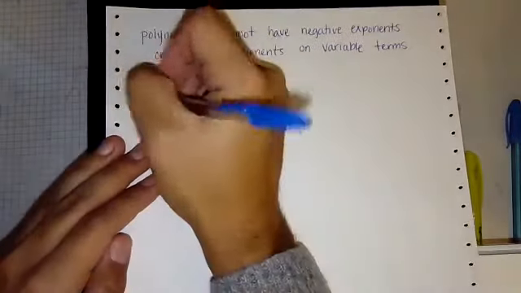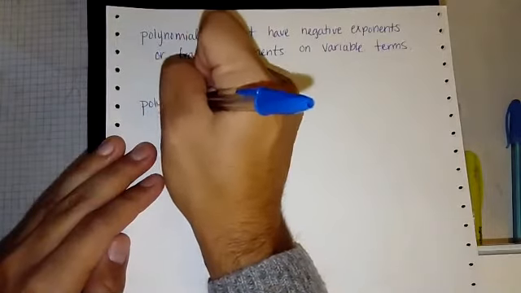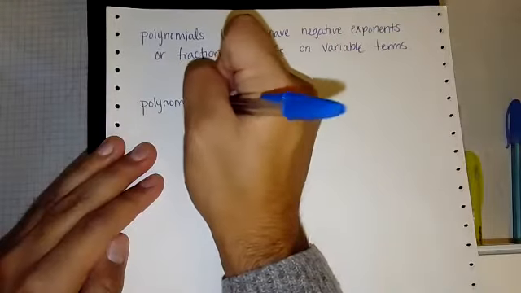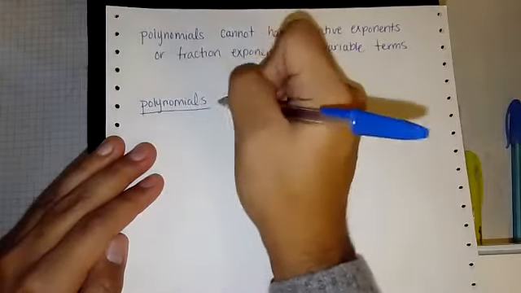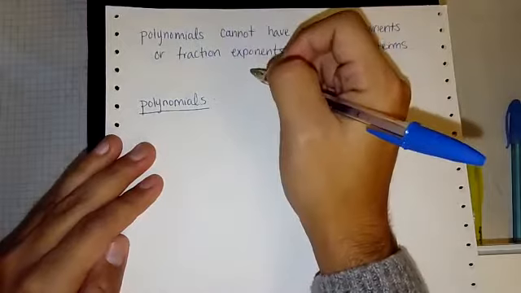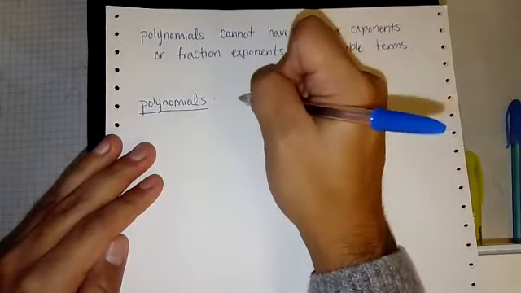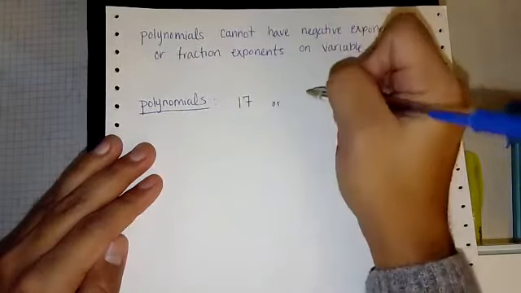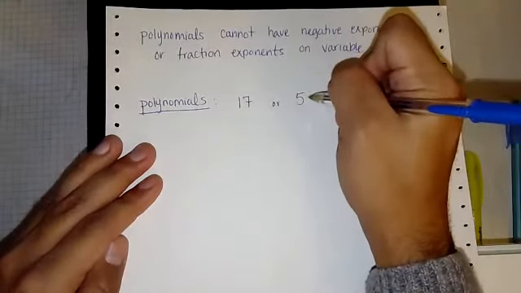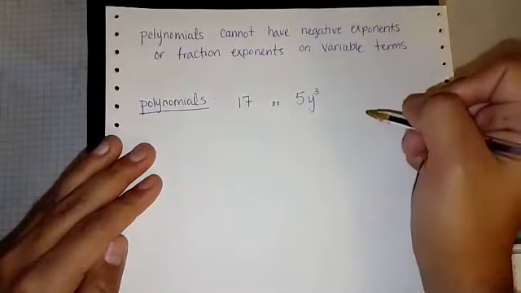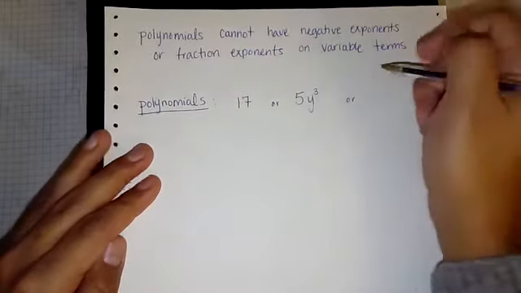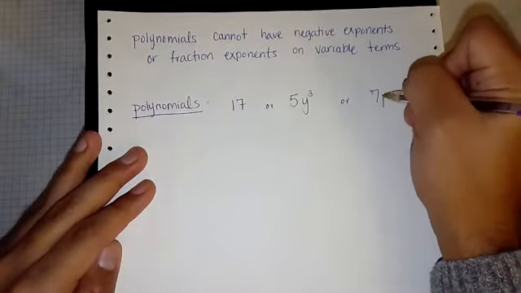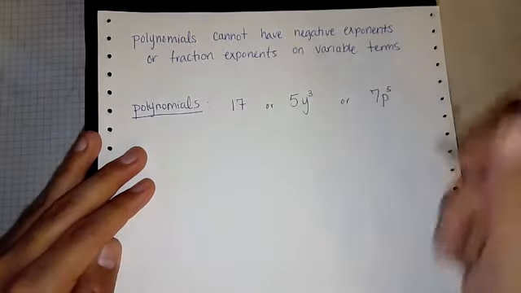So some examples of polynomials, or in this case monomials, would be things like the number 17, or 5y to the 3rd power, or 7p to the 5th power.